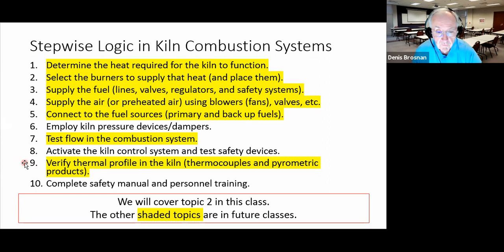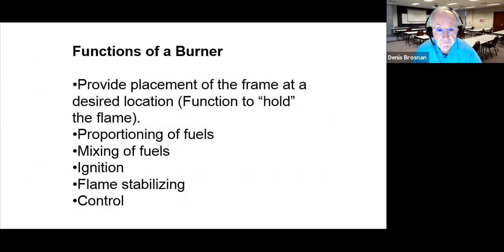We're going to talk about verifying the thermal profile of the kiln, maybe using thermocouples and parametric products, cones, in other words, or fire check keys. And of course, we're not going to talk about safety manuals and personnel training. That is part of your company's responsibility. So that's where we're going. We're just doing burners today, and the plumbing part next class.